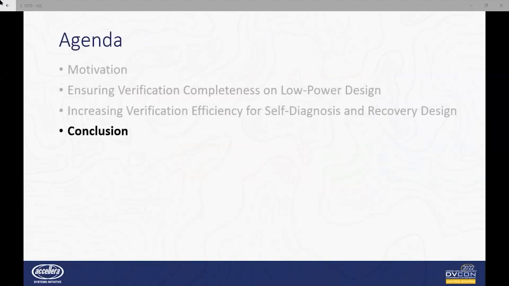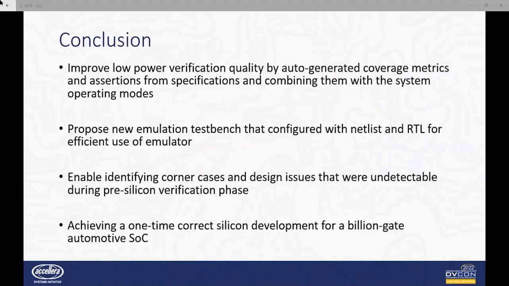The conclusions. We improved low power verification quality by auto-generated coverage metrics and assertions and combining them with the system operating mode. We proposed a new emulation test bench configured with netlist, RTL, and black box for efficient use of the emulator.